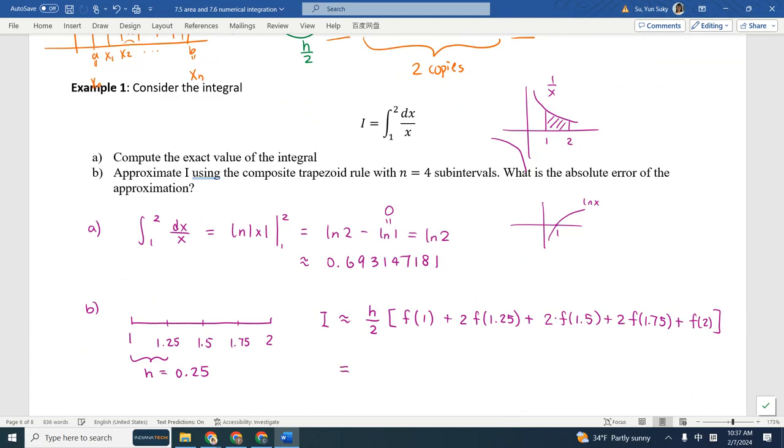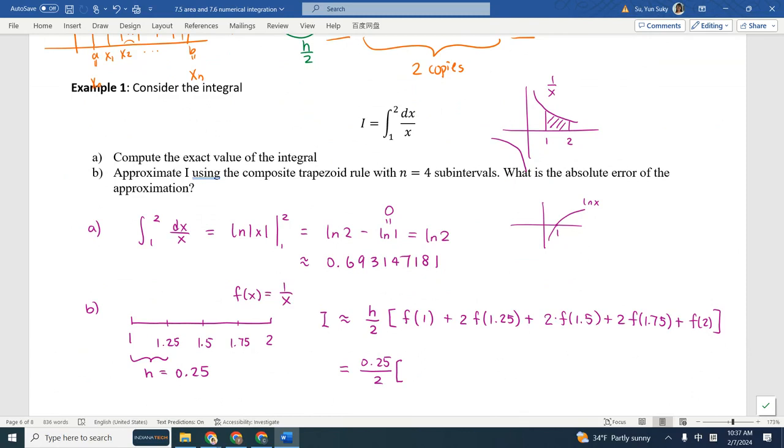Okay, let's plug in. Now we have h. What is h? 0.25. So 0.25 over 2 times f of 1. The function f of x is 1 over x.